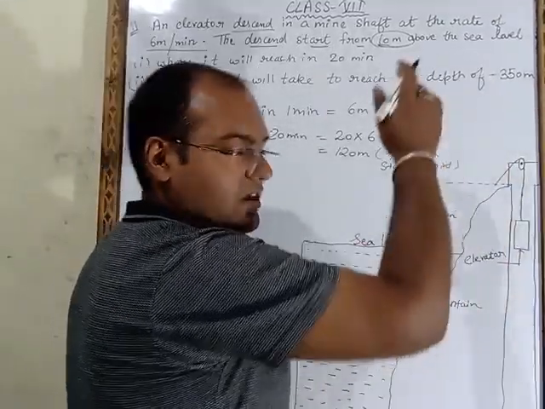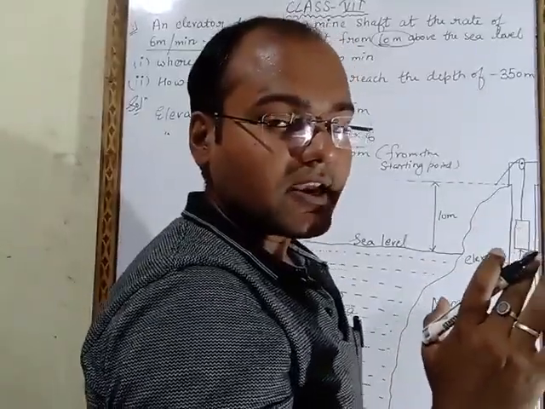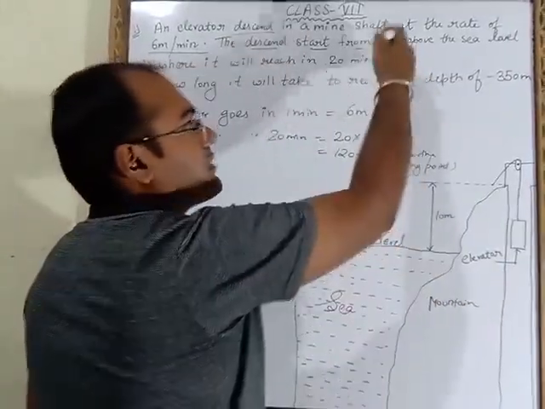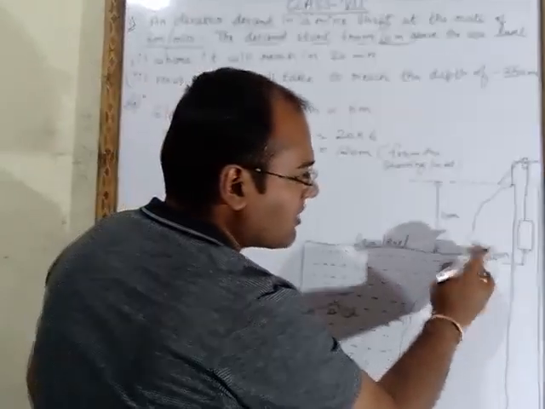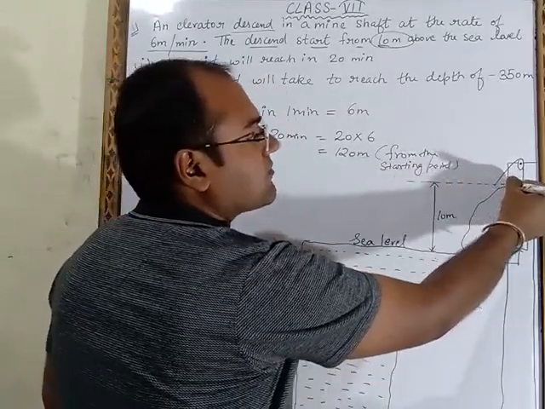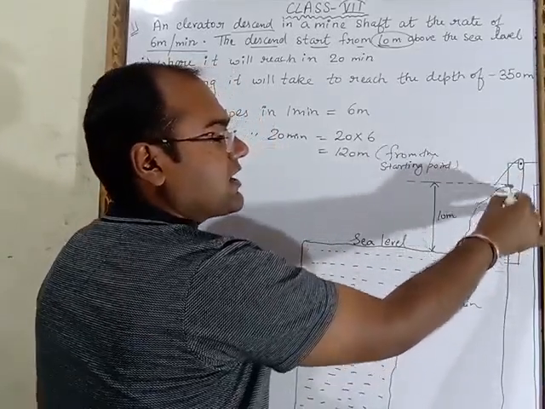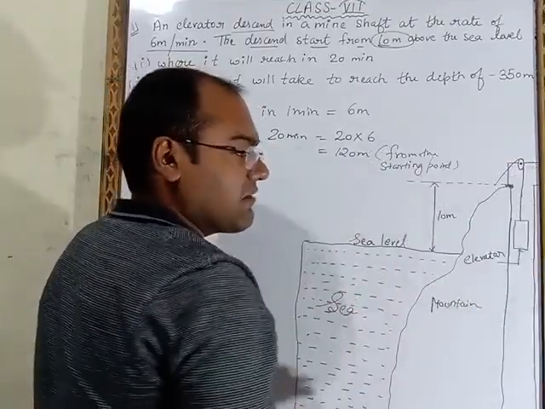So from which position did we start the mining? We started the mining 10 meter above the sea level. From this sea level, 10 meter above, from this point mining started, and this is the elevator.